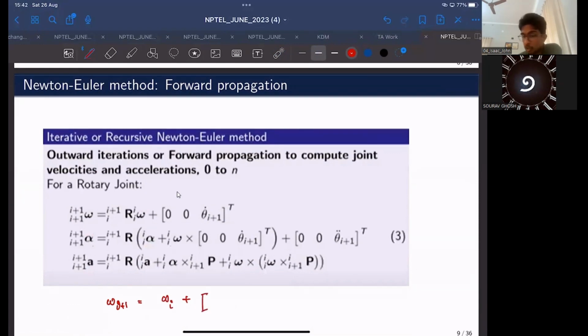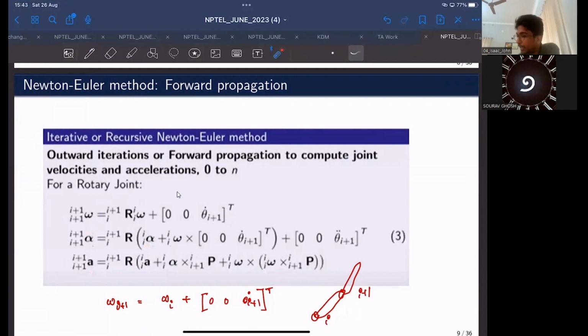If it is a revolute joint, the term would be 0, 0, theta I plus 1 dot, transpose. Because if we have two joints, this is the ith joint, this is the I plus 1th joint. The rotation of this I plus 1th joint will be given by this term theta I plus 1 dot. And this is always going to be expressed with respect to the z axis of the zi plus 1 frame.